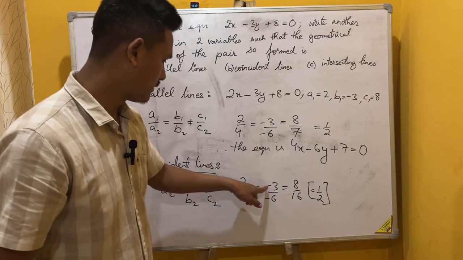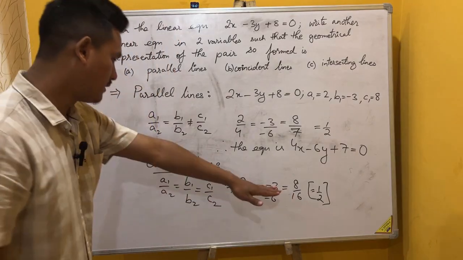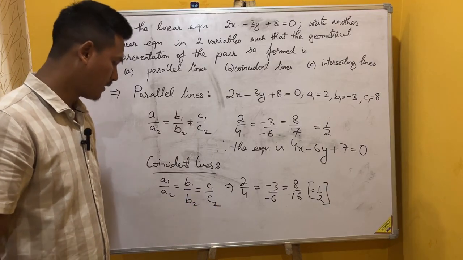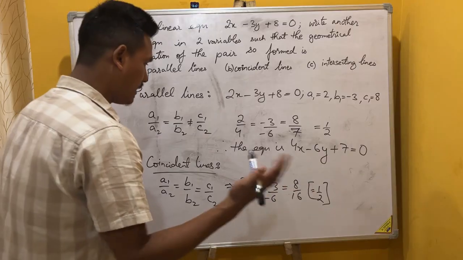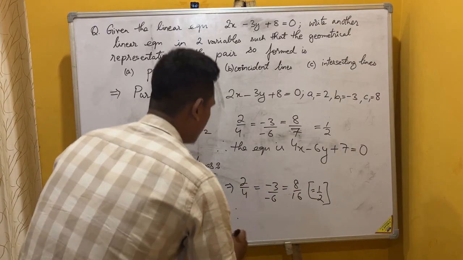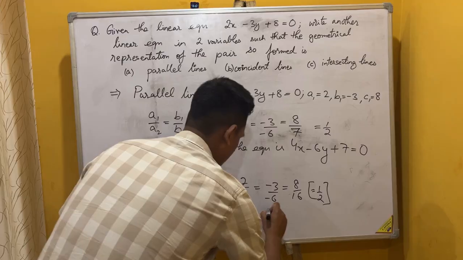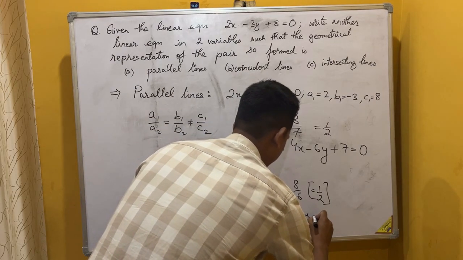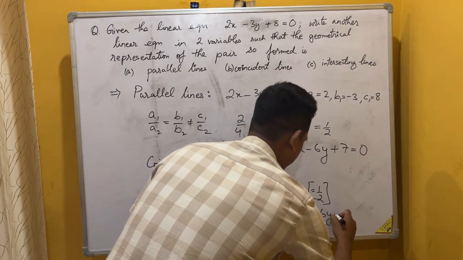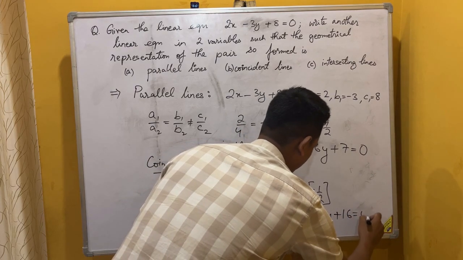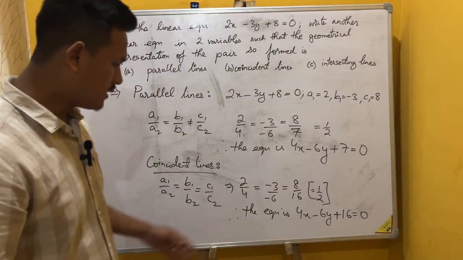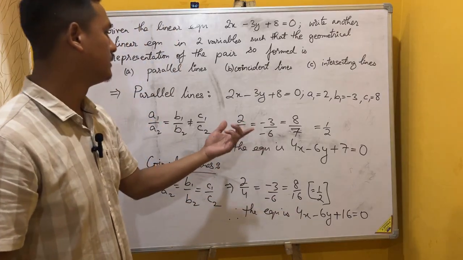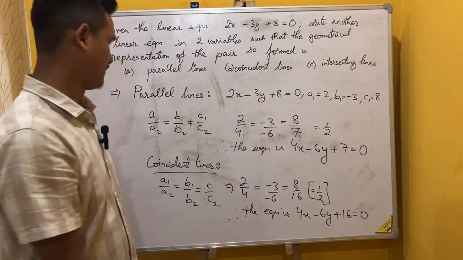This is half, this is also half, this is also half. So this implies that A1 upon A2 equals B1 upon B2 equals C1 upon C2. Therefore, my equation is 4x minus 6y plus 16 equals 0. So this is the equation of the straight line which is coincident to this given line.